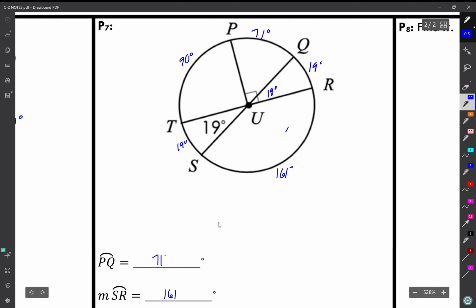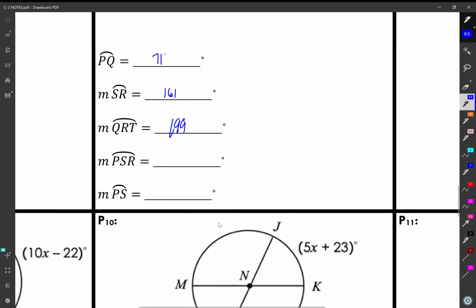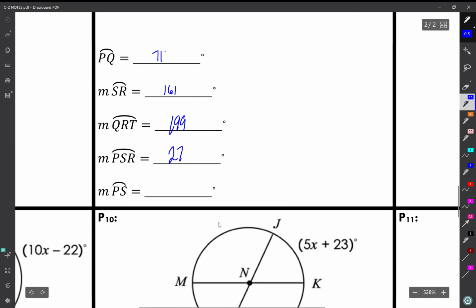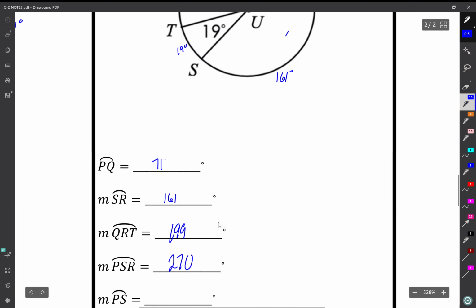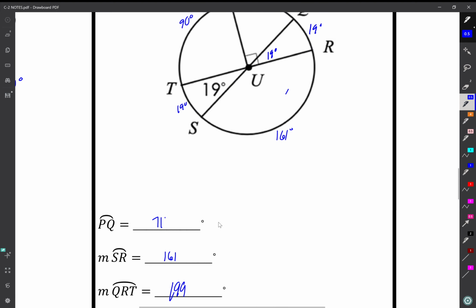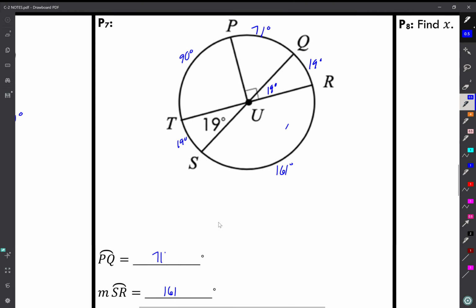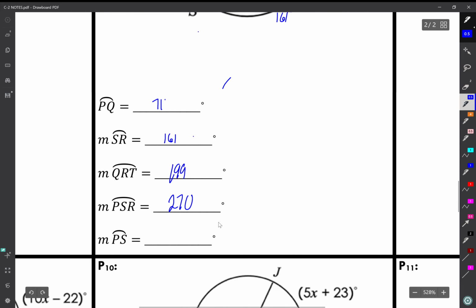So 360 minus 90. That'll give me 270. And then PS here. PS is just from P to S. 90 plus the 19, so that's 109. Oh, excuse me, that's not what I wanted to do. 109 degrees. All right, and then we move on to the next.